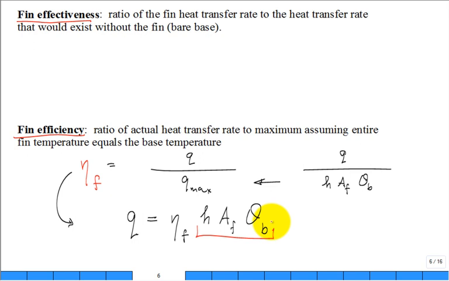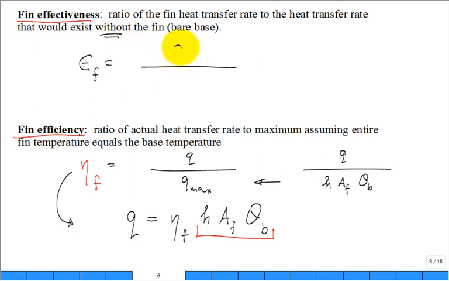All right, fin effectiveness. Well, the textbook uses epsilon, and they put a subscript F on it for the fin effectiveness. It's also a ratio, numerator, denominator, something over the other. It's a rate of heat transfer to the rate of heat transfer that would exist without the fin, so that you have a bare base. That's what it is.